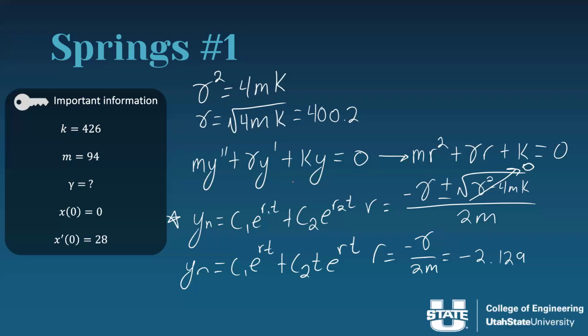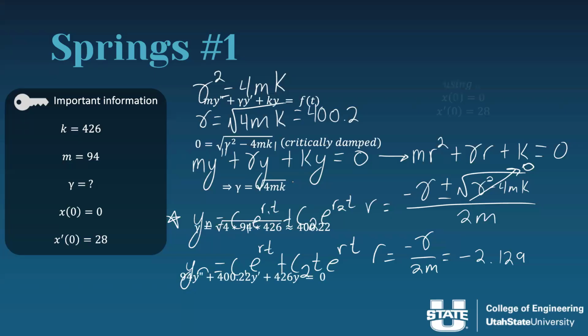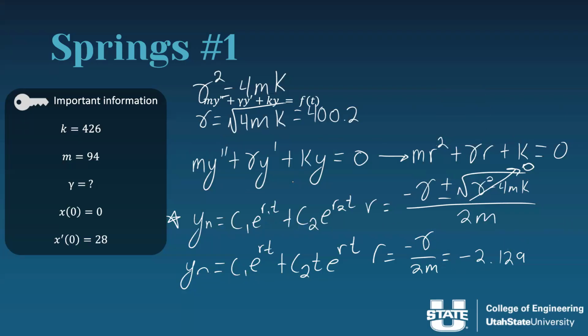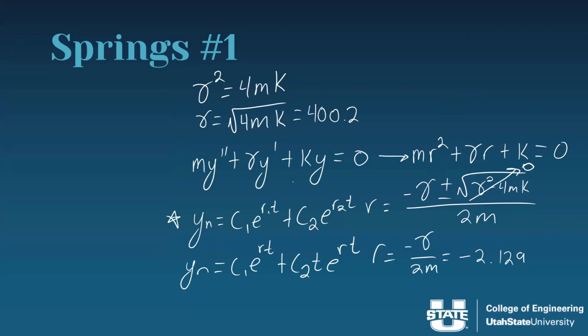Now we're able to use our initial conditions in order to solve for C1 and C2. So when we plug in 0 for t, what happens to our null solution?